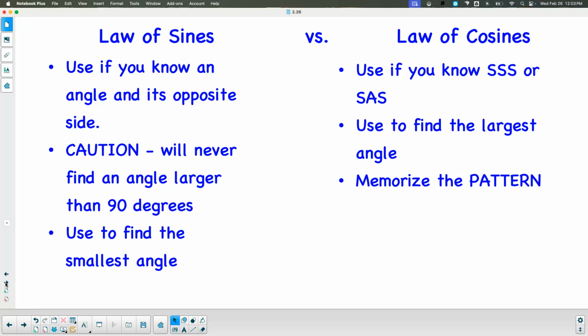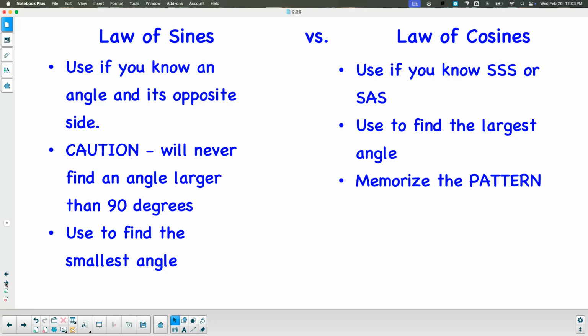We use the law of cosines to find big stuff first, because it will give us obtuse angles. So we always want to find the largest angle first using the law of cosines, or the side that would then allow us to use the law of sines.